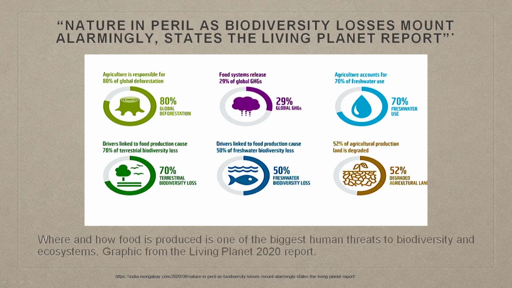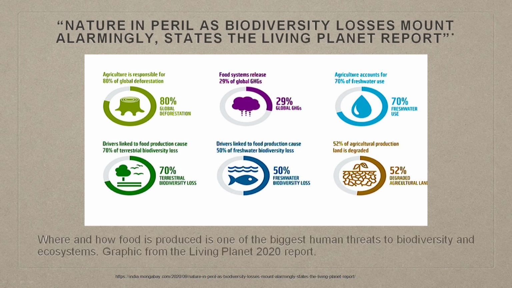Now, 50% of agricultural production lands are degraded. This degradation has happened because of excessive use of fertilizers, pesticides and other chemicals which are being used for food production. Similarly, the drivers linked to food production cause 50% of the freshwater biodiversity loss.